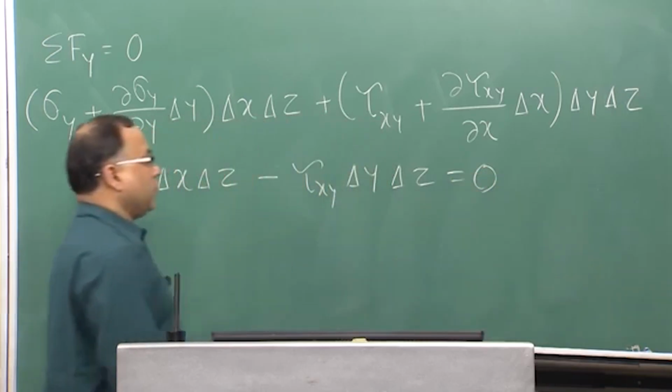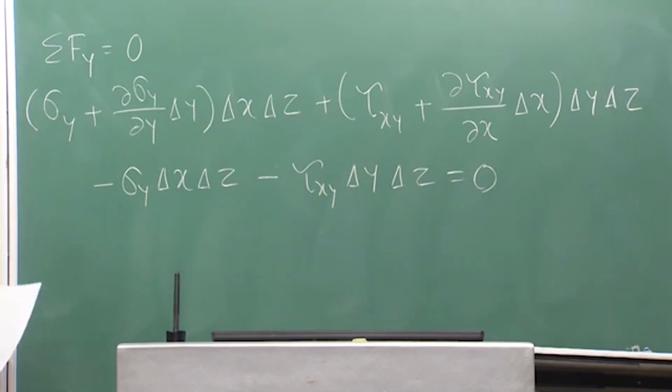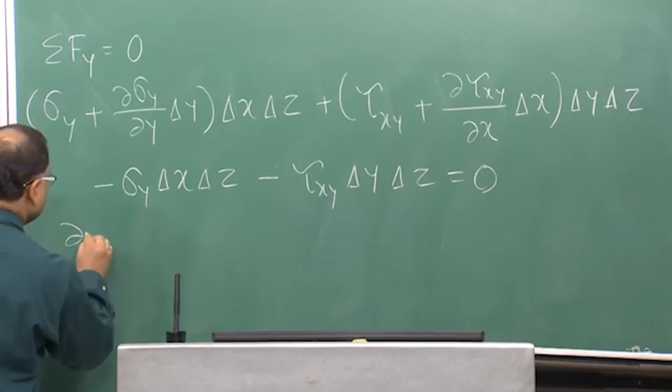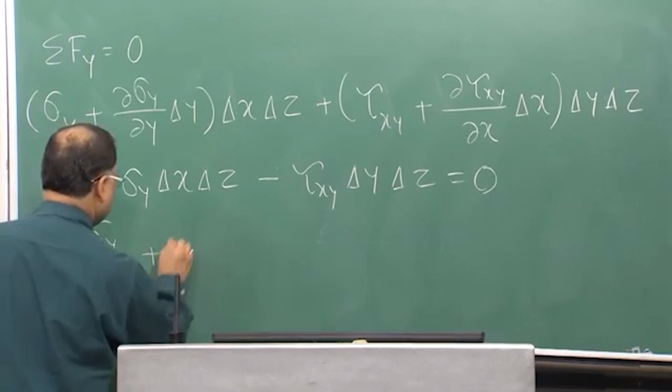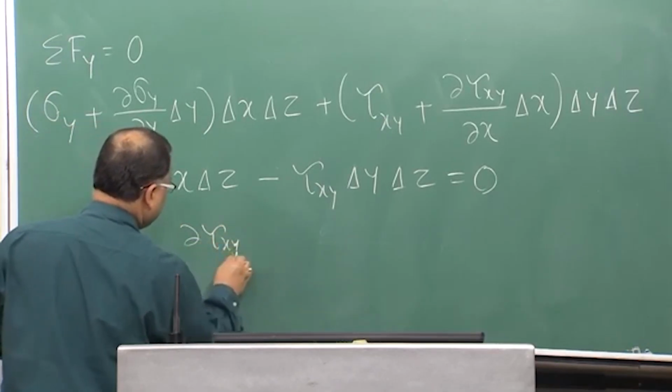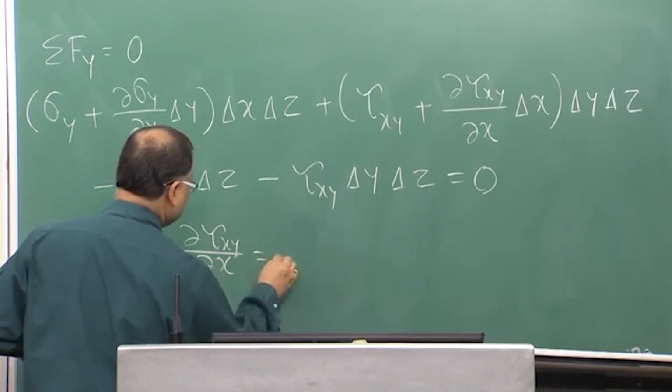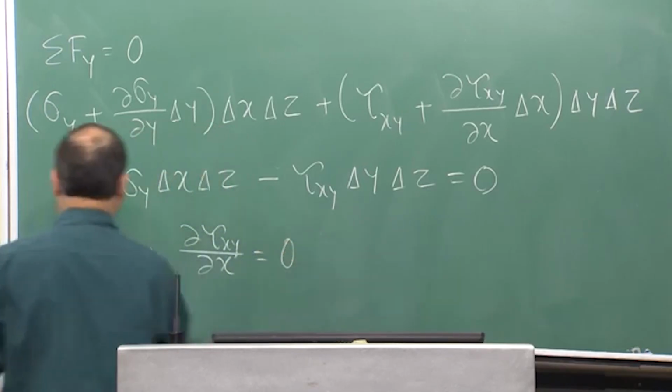Now, if we perform the similar simplification, we will finally get del sigma y by del y plus del tau xy by del x equal to 0.